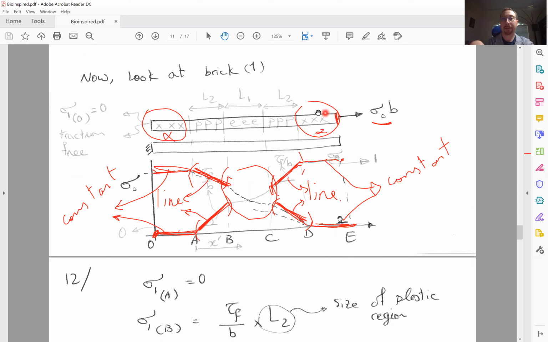Obviously we have these regions here and here, and the length of them will be the combined length of this, and that will be capital L minus 2L2 minus L1. We still don't know what L1 is. We still don't know what L2 is. We still don't know how they're related to the applied load. But we're determined to figure those out.